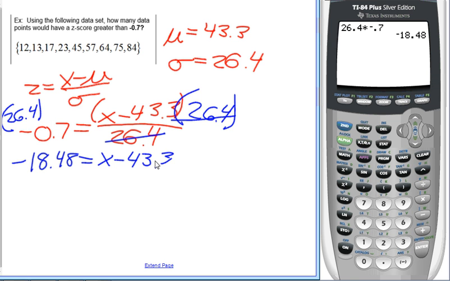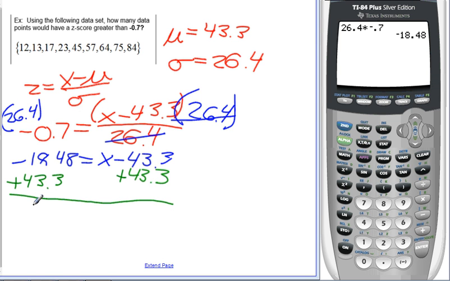equals x minus 43.3. So now I still need to get the x by itself. So I'm going to add 43.3 to both sides. So again, add.